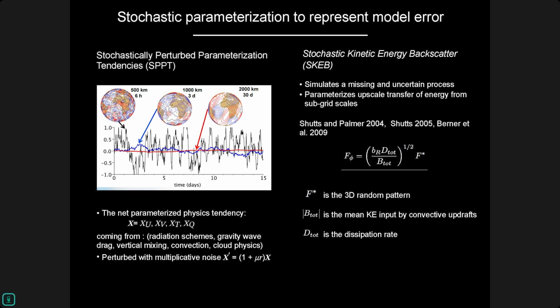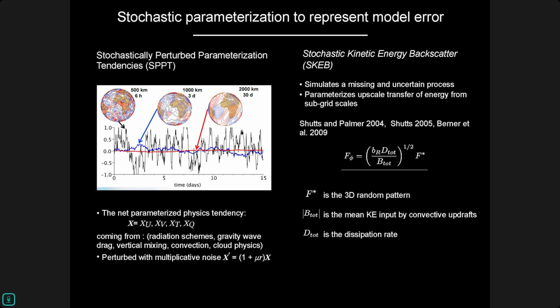So in terms of the stochastic parameterization, like I was answering to Mikhail's question, what is typically done is you do a multiplicative noise term. So for instance, if you have a physics tendency, that's a collection of all the different physics schemes in the model, like in the atmosphere, it could be cloud physics, radiation, gravity wave.